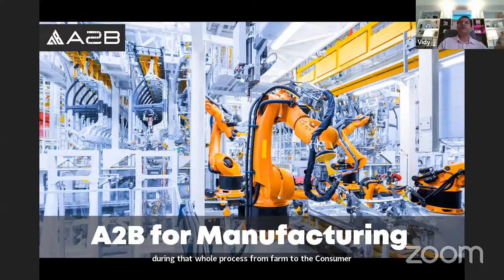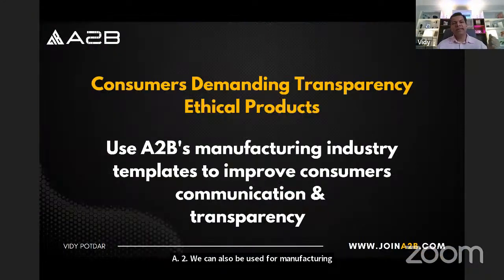A2B can also be used for manufacturing. These days consumers are demanding transparency around how products are manufactured. They're looking for ethical products, which means products that have been built in a way that is not exploiting people or suppliers, right? In many countries there is the issue of child labor.